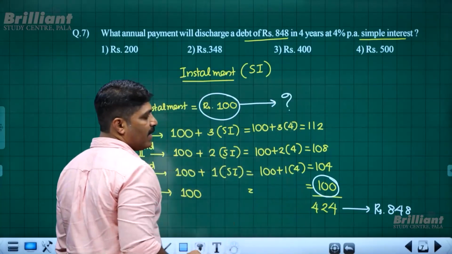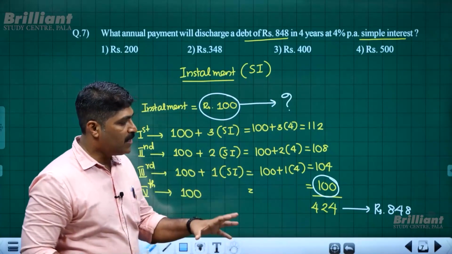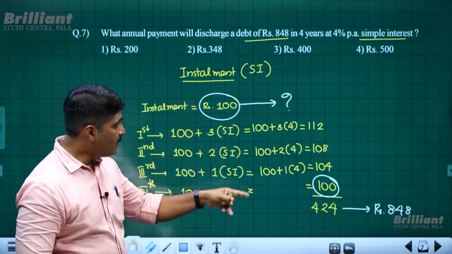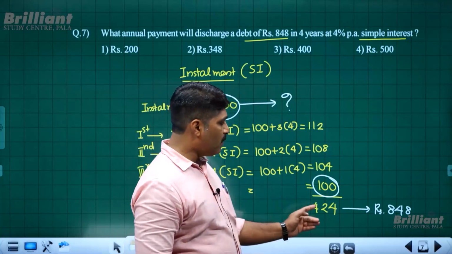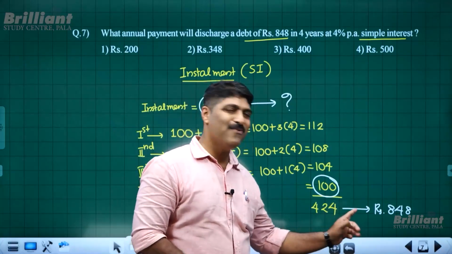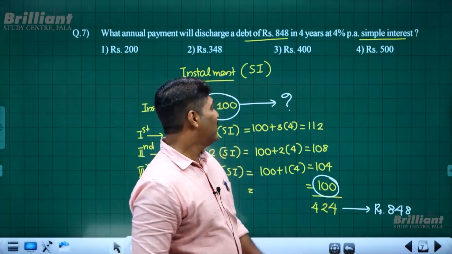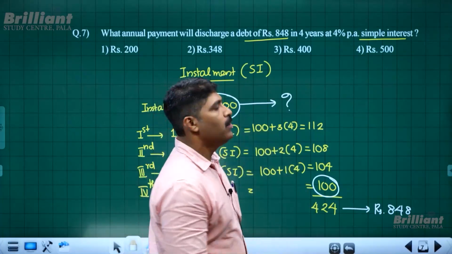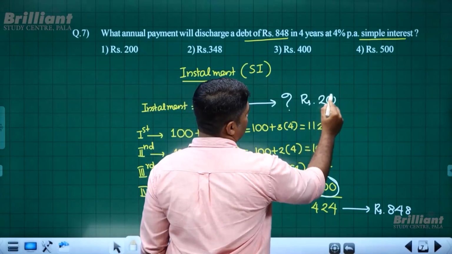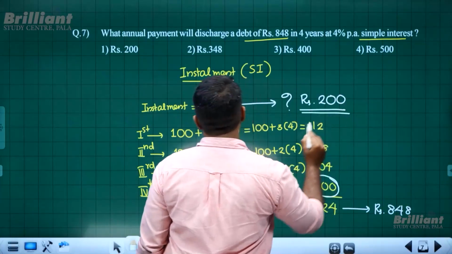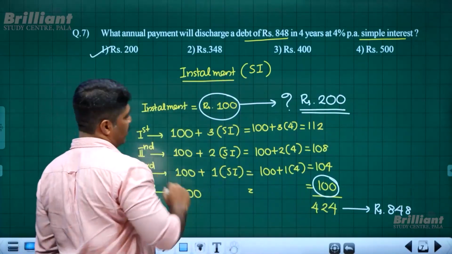It is given that 424 is representing 848, then 100 is representing how much? Here we just observe, 424 into 2 will be equal to 848. So therefore 100 into 2, what is 100 into 2? That is rupees 200. So this is the annual installment here.